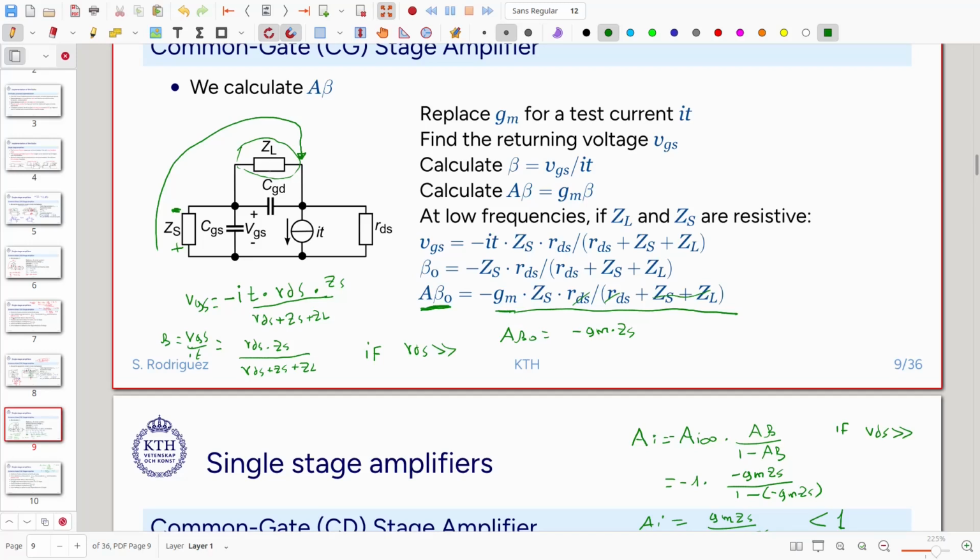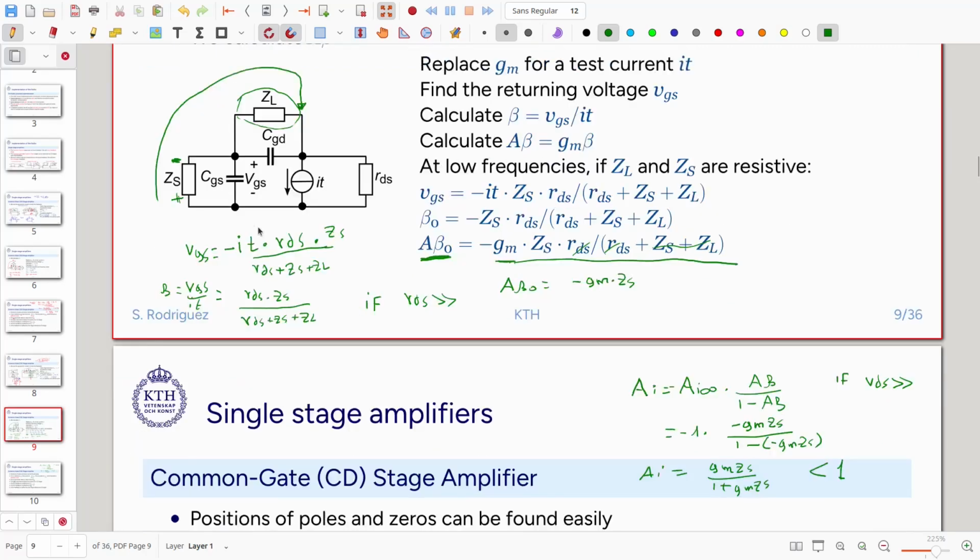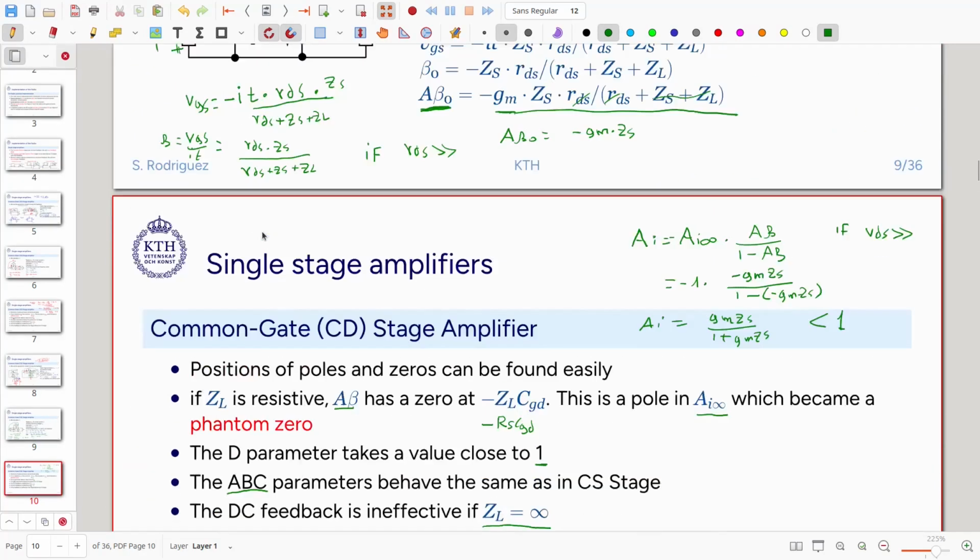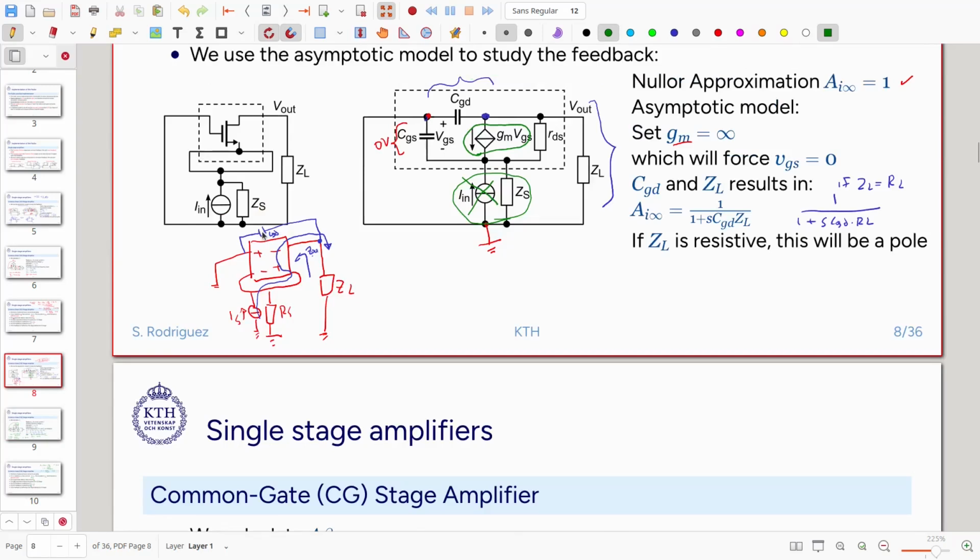If this impedance is extremely large, then the voltage that is coming back to CGS will be very small, and if it is infinite, then it will be totally disconnected. So that is an important observation. In a common gate amplifier, we should not expect very large output resistances here. It will just break the loop.